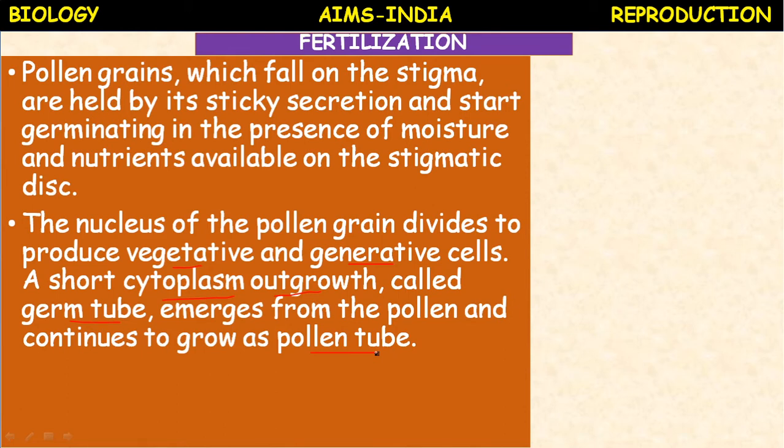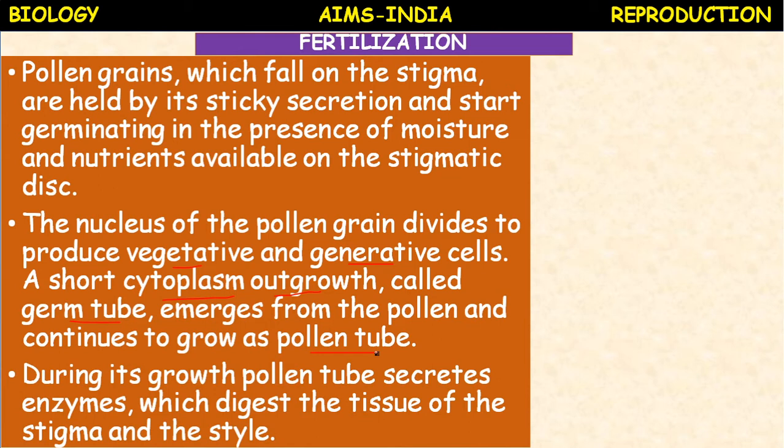Through that pollen tube, the two male nuclei, or sperms, will enter the ovule. During its growth, the pollen tube secretes enzymes which digest the tissue of the stigma and style.